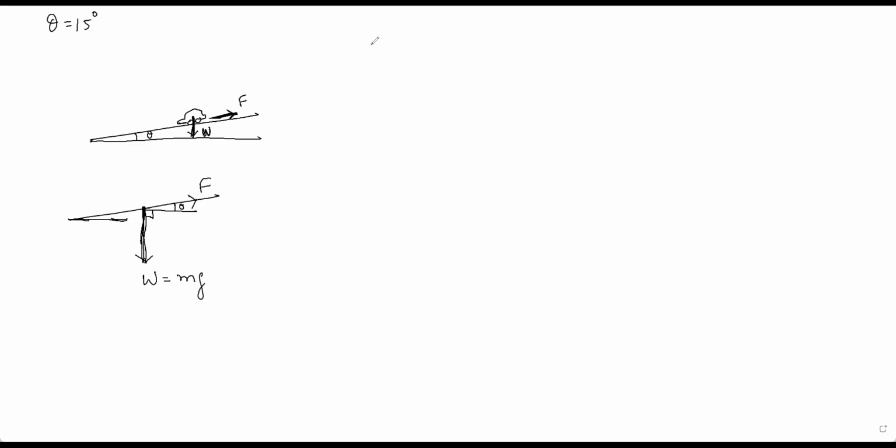Okay, let me ask you a mathematical question and see whether you are solving that. If I give you a force 1, which is actually 2i cap plus 3j cap, and a force 2, which is actually minus 3i cap plus 4j cap.